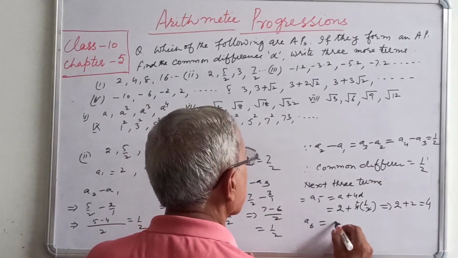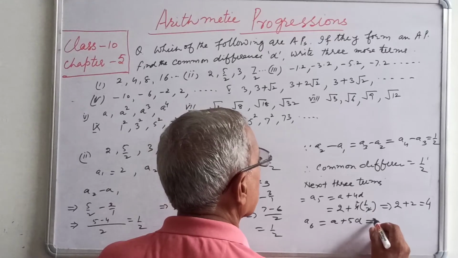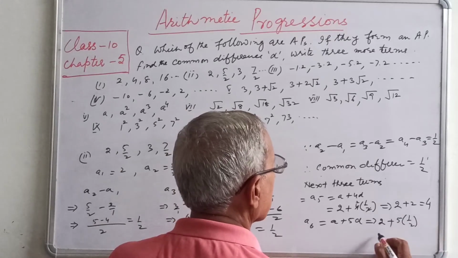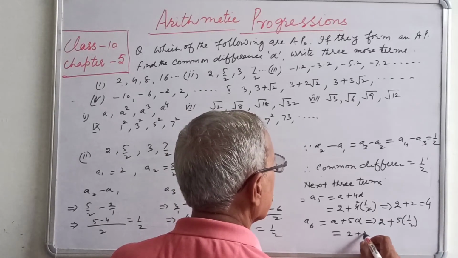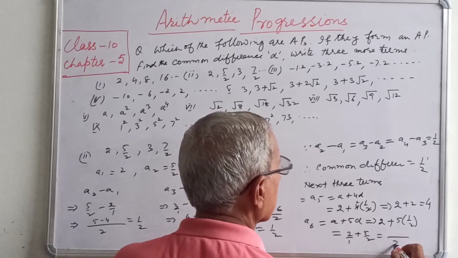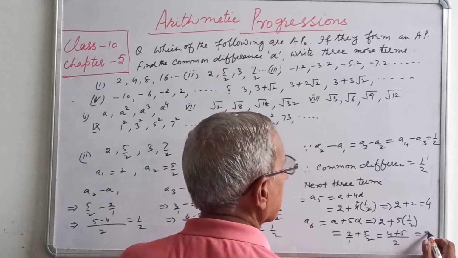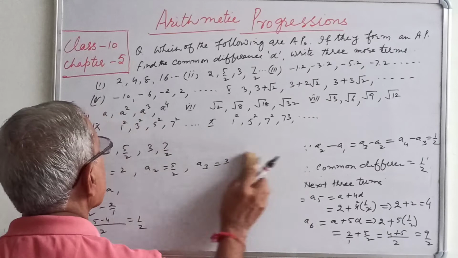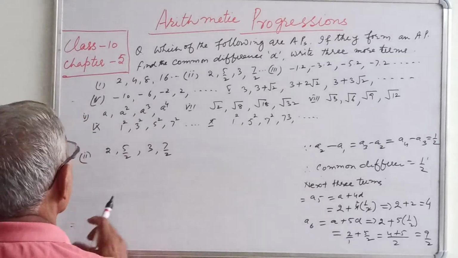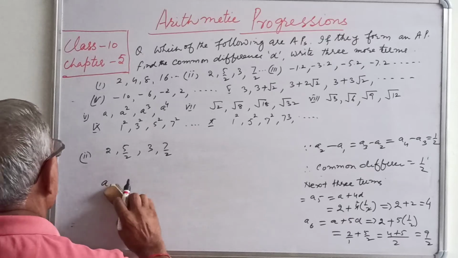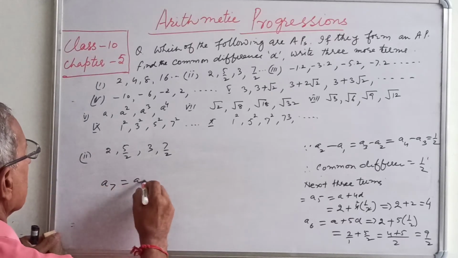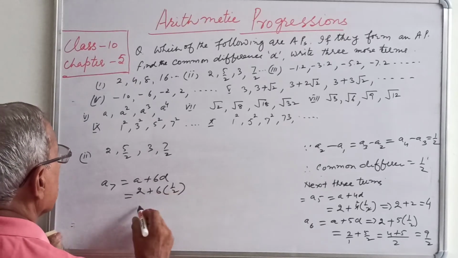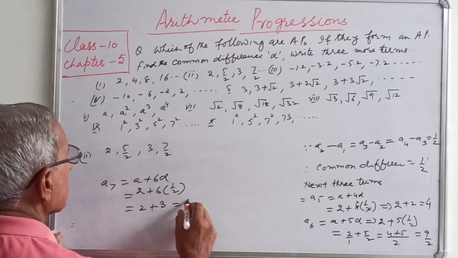Next, A6 is A plus 5D. A is 2, 5 into 1 upon 2, that will be 2 plus 5 upon 2, LCM is 2, 4 plus 5, 9 upon 2. And the seventh term will be A7, A plus 6D: 2 plus 6 into 1 upon 2, 2 plus 3, that is 5.